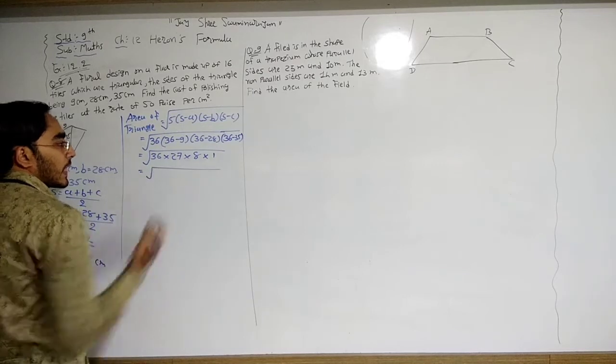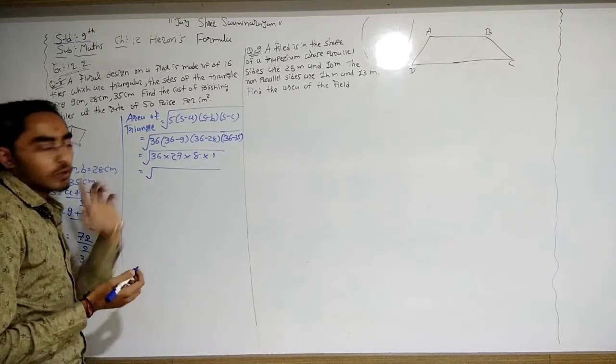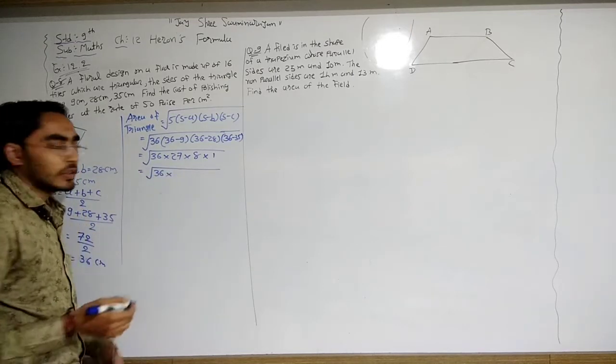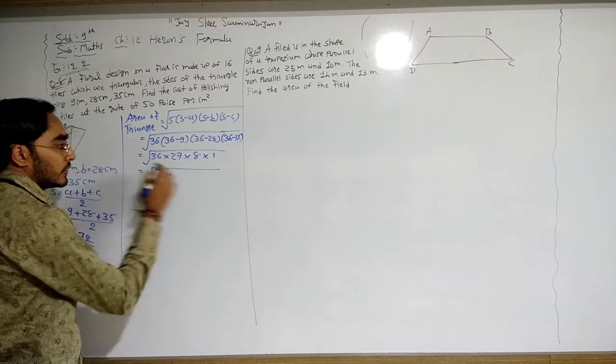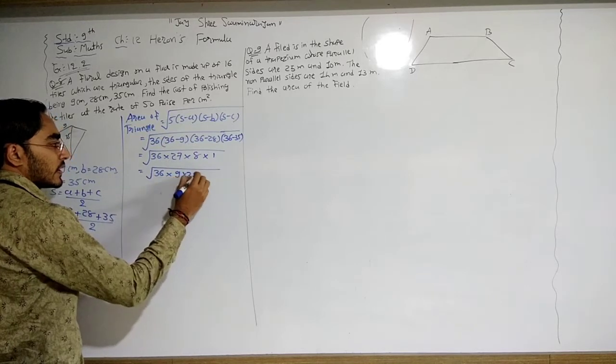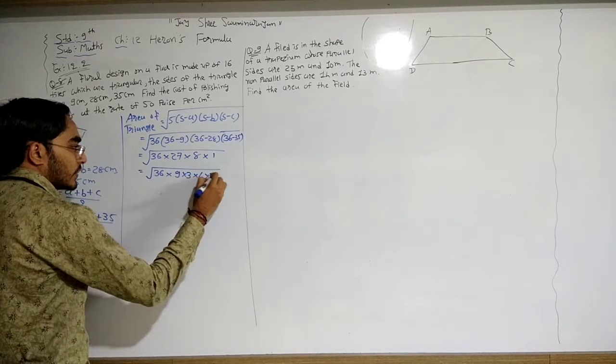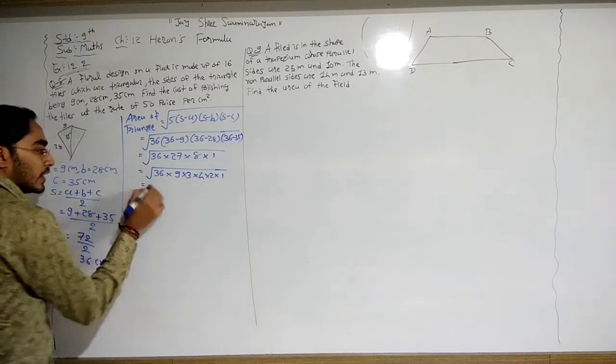Now here we know the square root of 36, so 36 remains as it is. 27, that means 9 threes are 27. And 8, that means 4 twos are 8. Multiply 1.